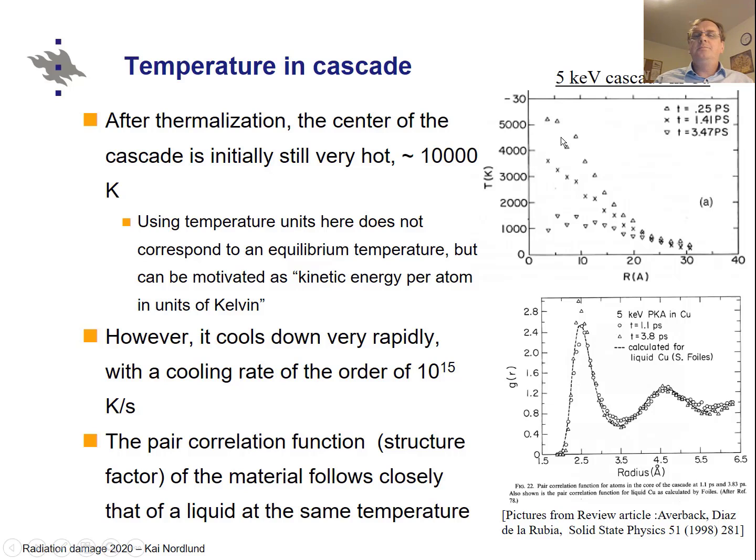So after this thermalization, the cascade is still very hot. You can analyze temperatures around 5 or 10,000 kelvins, depending on where you do the analysis. This is showing the temperature at 0.25 picoseconds.